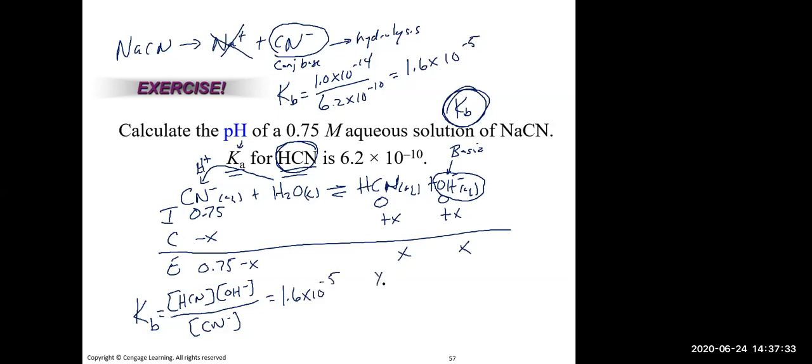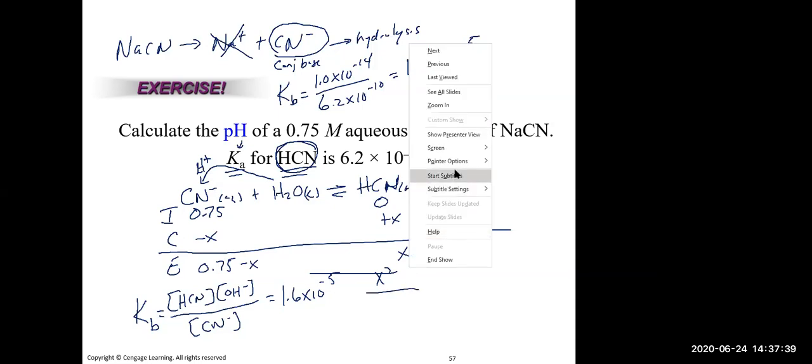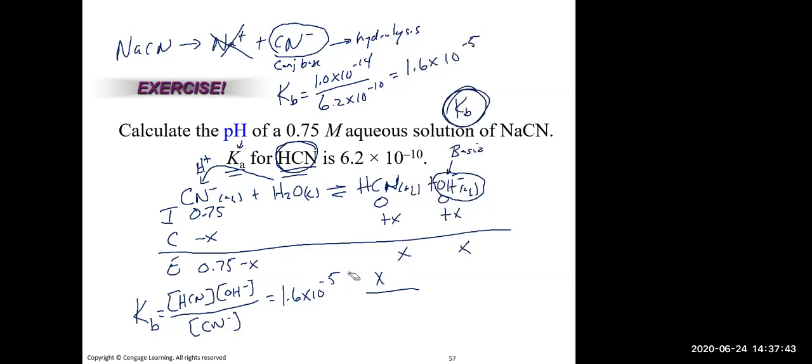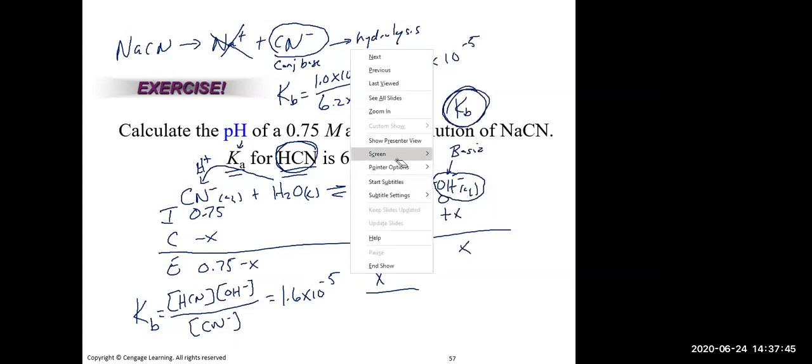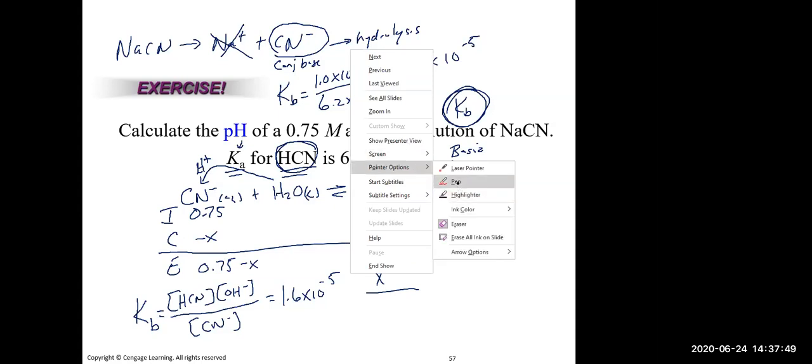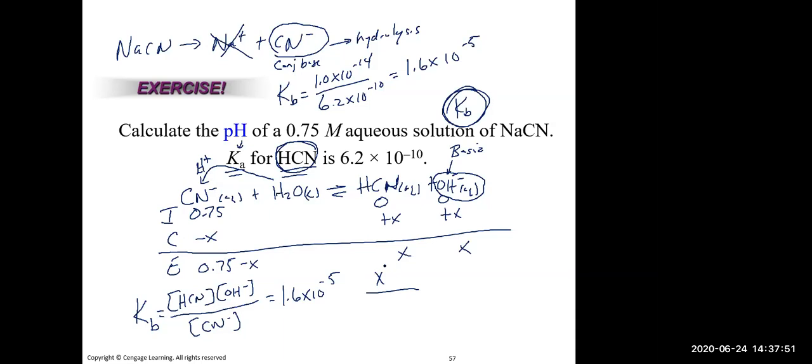So putting in our values, x squared divided by our reactant side there. Try to get rid of that extra little line. There we go. So we have, again, x squared divided by 0.75 minus x equals, again, our Kb value.